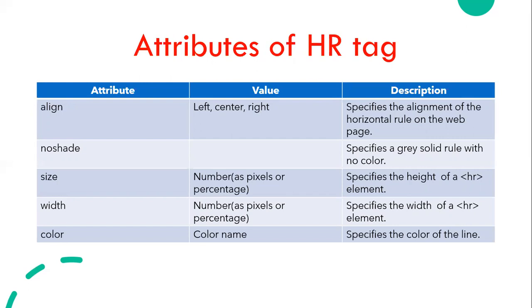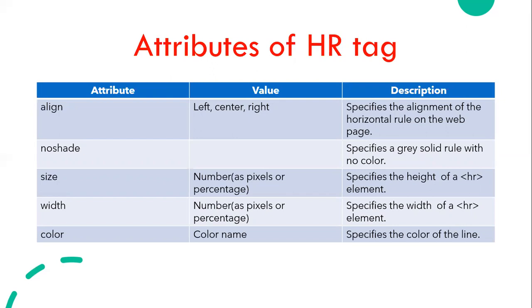So here we have different attributes. What are they? Align. Alignment, as we already discussed, has four values: left, center, right, justify. Next one is no shade. That means it does not display any shade or color. Simply it will be in a grayish color. Next one is size.